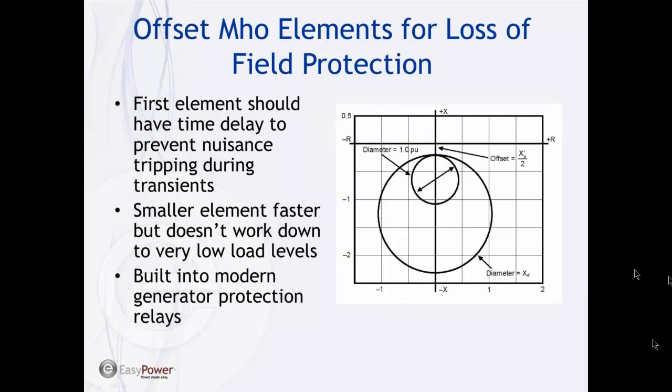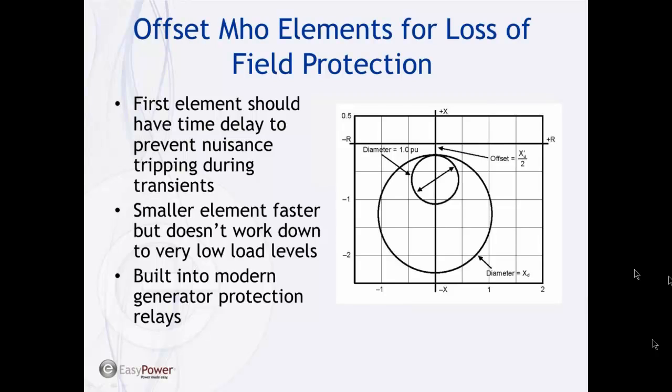This first element is going to have some kind of time delay. What happens is if the combination of R and X that's seen by the generator gets into this region, it's going to trip. As we have transients, we can briefly tip into this circle, so we want to put a time delay, a tenth of a second, something like that, on this outer circle.